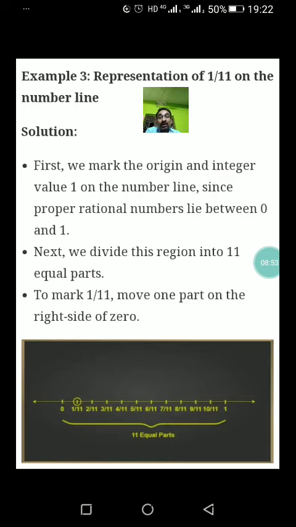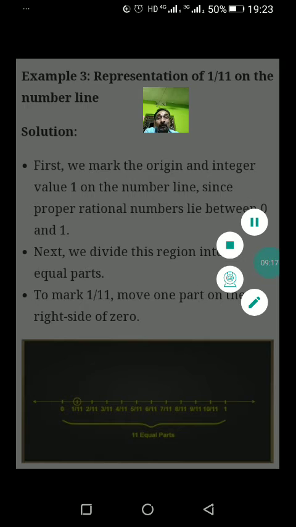For this, first we mark the origin and integer value 1 on the number line. Since a proper rational number lies between 0 and 1, next we divide this region into 11 equal parts. To mark 1 by 11, move 1 part on the right side of 0 and we get 1 by 11.